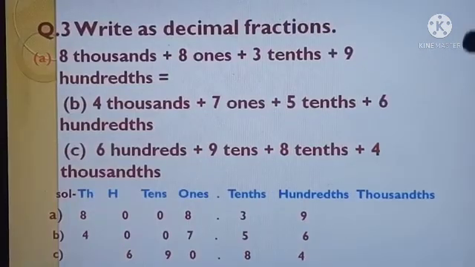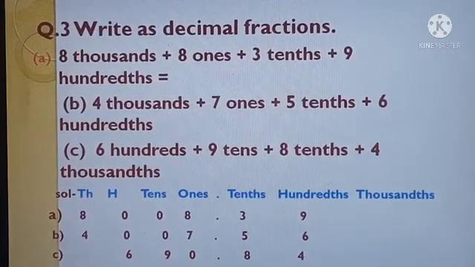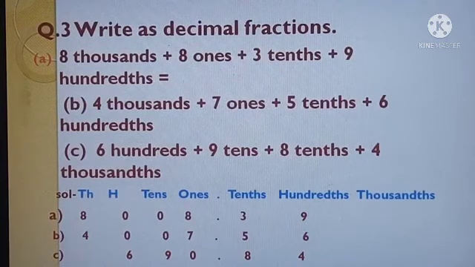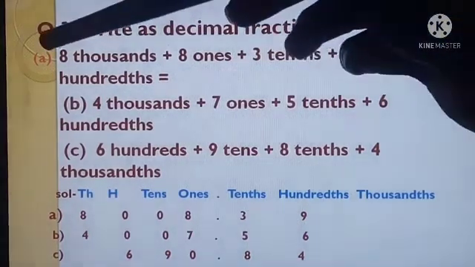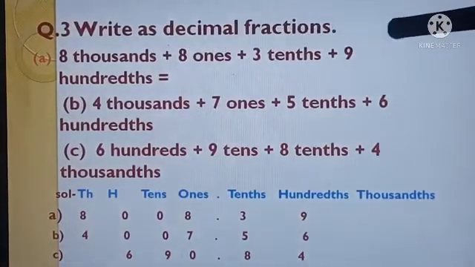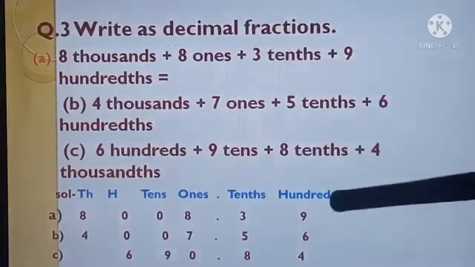Now our next question is question number 3. Write as decimal fractions. So we have to write down now in the form of decimal fractions. A part is here 8 thousands plus 8 ones plus 3 tens plus 9 hundredths. So we have to write down the places first.